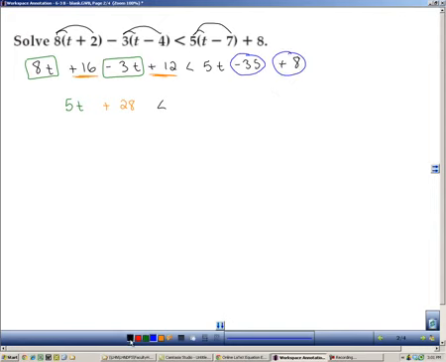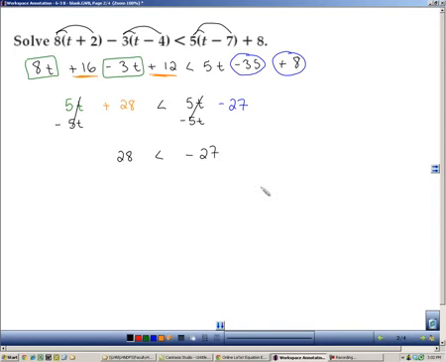They're already on the same side, so just combine them. What's that? -27. So now I'm going to get the t's together. I'm going to subtract 5t from both sides and solve. So 0, we get a 28 is less than, this is a 0, and we get -27.